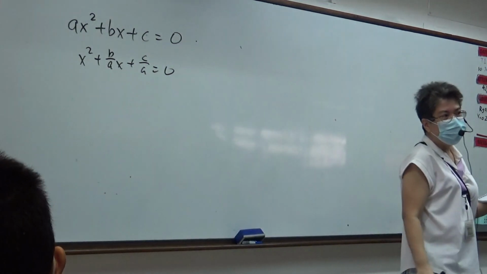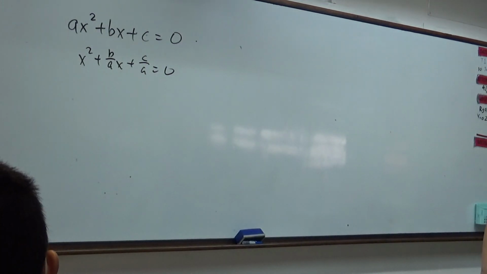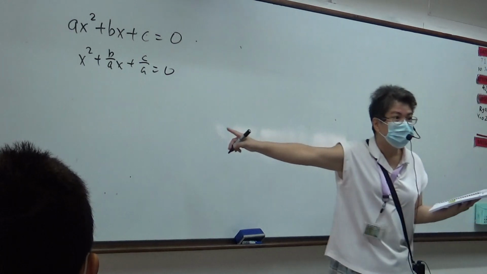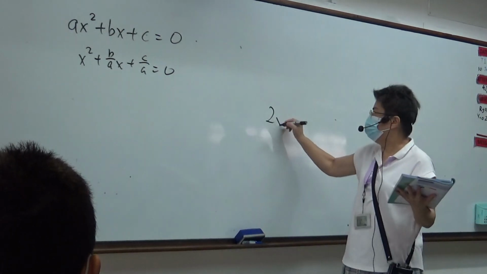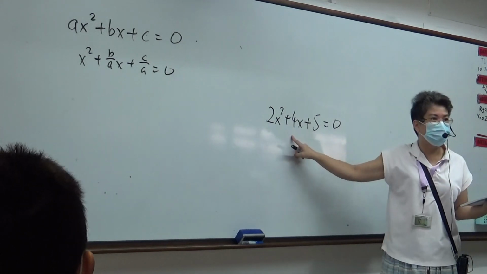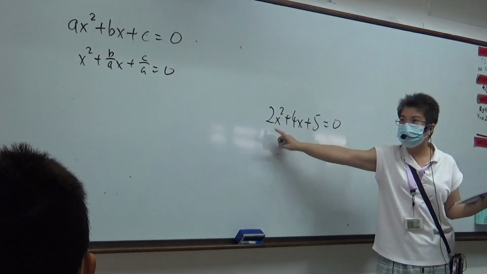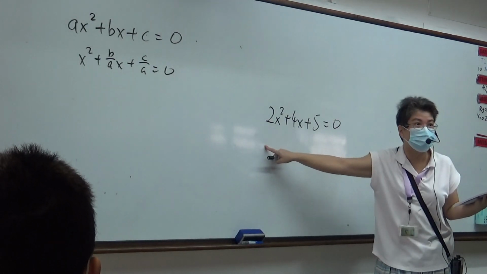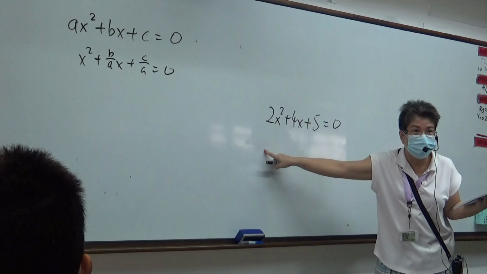If you want to complete the square, what is the first criteria? The coefficient of x squared must be 1. That's why you do this. You understand? Now, if someone gives you like that, you cannot say I will complete the square. Because this is not 1. Do you understand? Okay, I will teach you how to do it when it is not 1. Later, not now. Everybody okay?